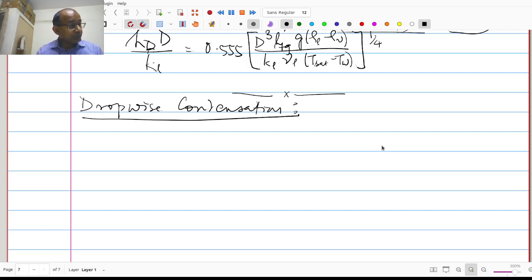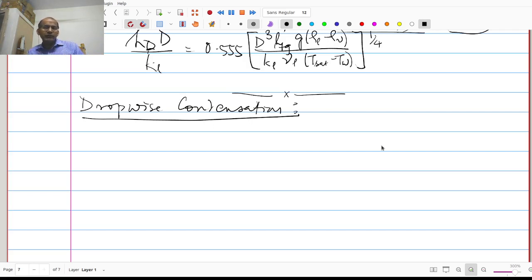So normally the heat transfer coefficient for the same surface and the same liquid, when the mechanism of condensation is dropwise, can be approximately 10 times larger than film condensation of the same surface and vapor combination. Okay. So this is a very attractive feature, and therefore in engineering people would like to promote dropwise condensation. How do we do this?